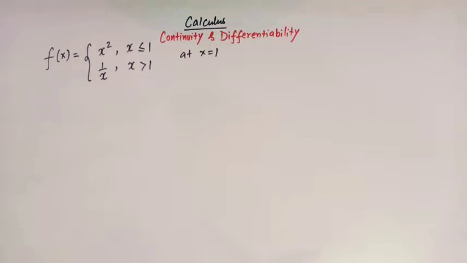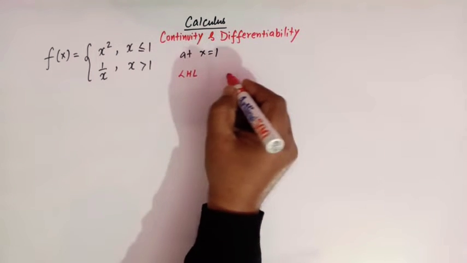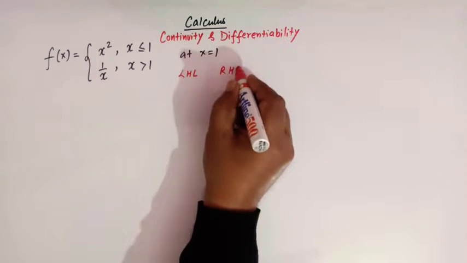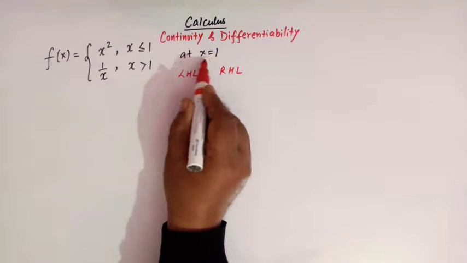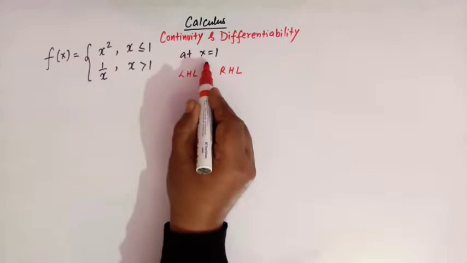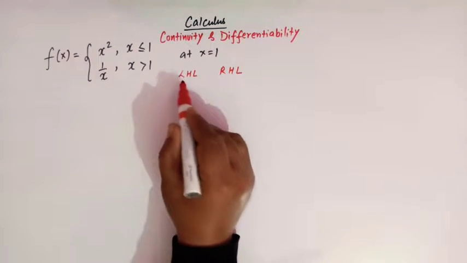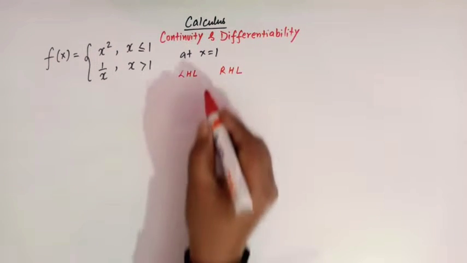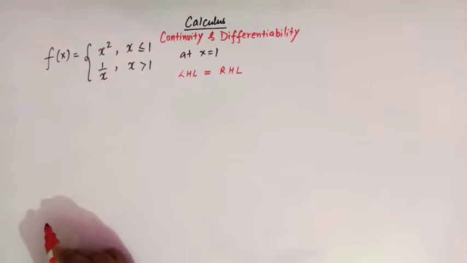So let us start. Now viewers, we know that a function is said to be continuous if the left hand limit and right hand limit both exist at the given point, both these limits exist and are finite, and moreover these two limits should be equal.